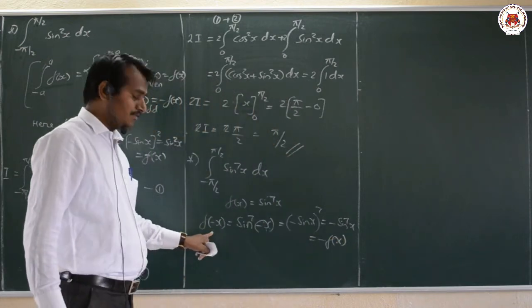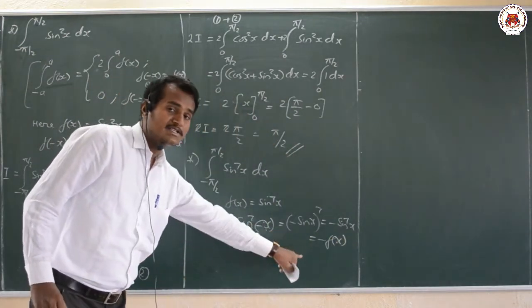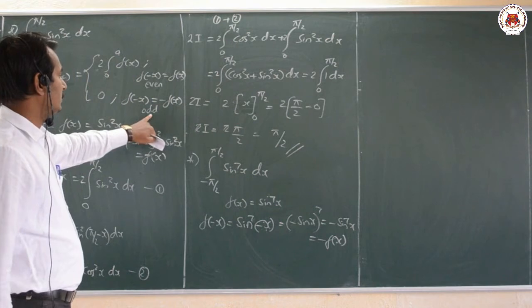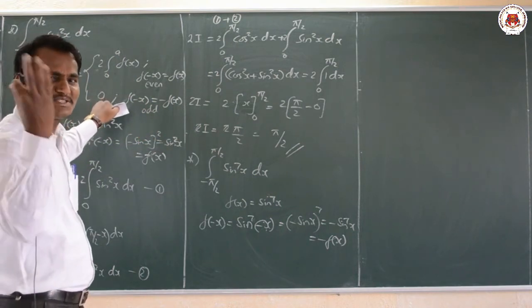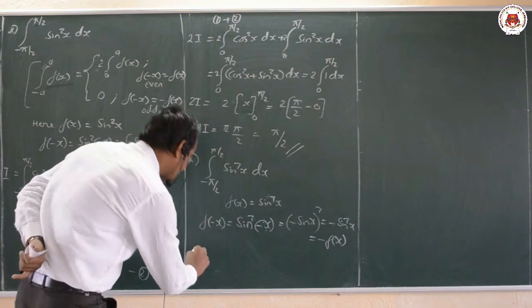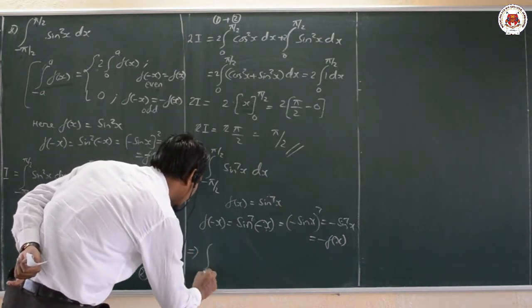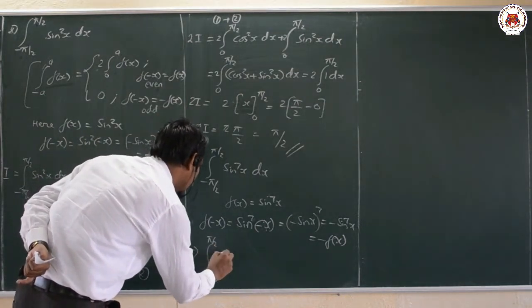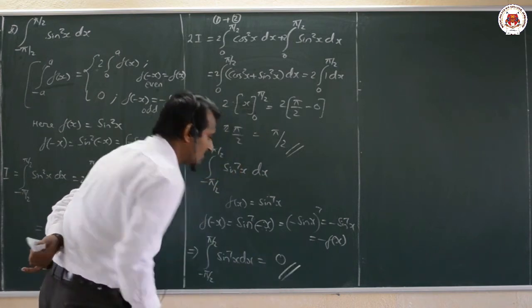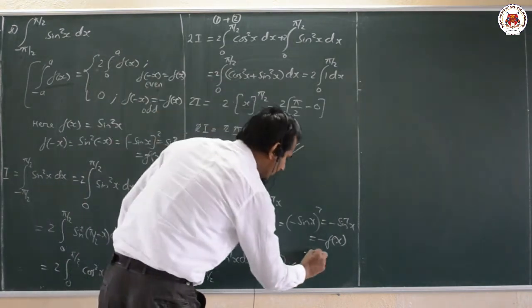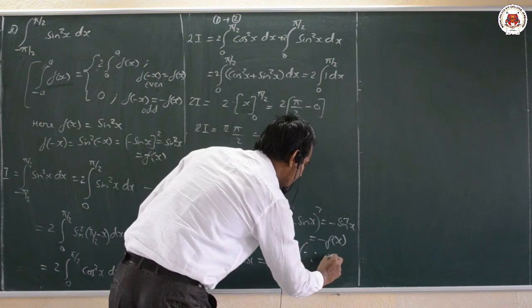That means we got f of minus x equal to minus f of x, it is an odd function. Odd function means the value is directly 0 here, very very simple question. Now that implies the integral from minus pi by 2 to pi by 2 of sin raised to 7x dx, the value will be 0.